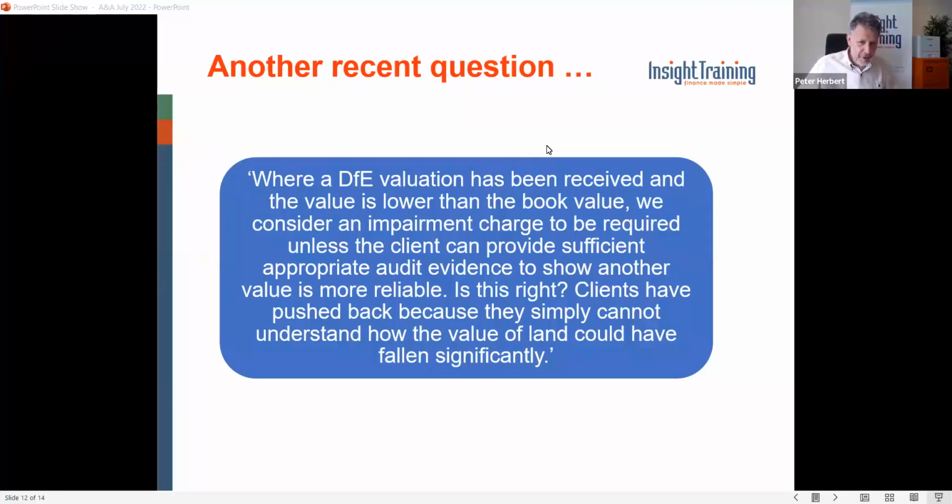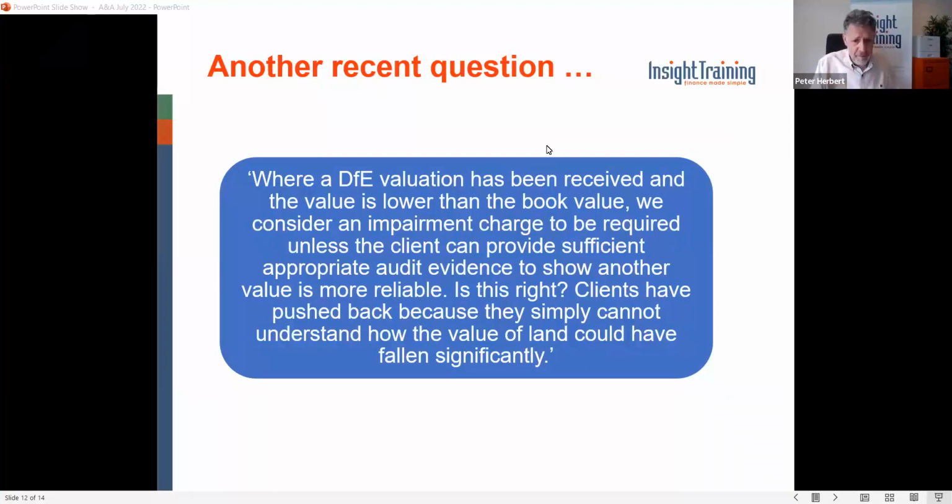First of all, let's be clear. There's no requirement for ongoing valuations. As I've already alluded to, yes, you're bringing that asset in at fair value, but you're not then marking to market going forward unless you're applying an accounting policy of revaluation. If the value given by the DFE is lower than the current book value, yes, there may be an impairment issue, but in the charity world, impairment normally arises when there's been a loss in service potential of the asset, where the charitable asset cannot do what it was always aiming to do, rather than when, quite simply, the valuation is reduced compared to what it was previously in the accounts.